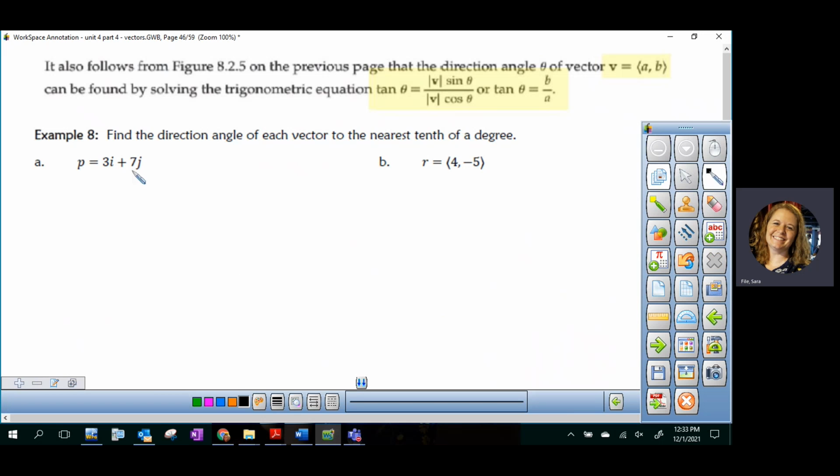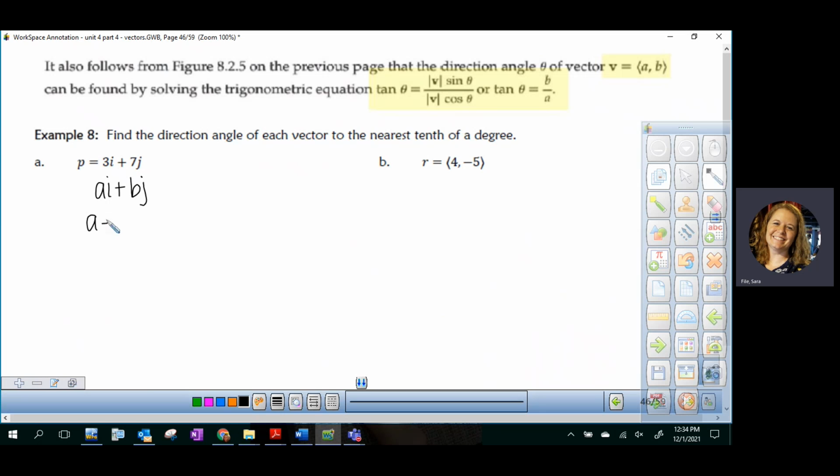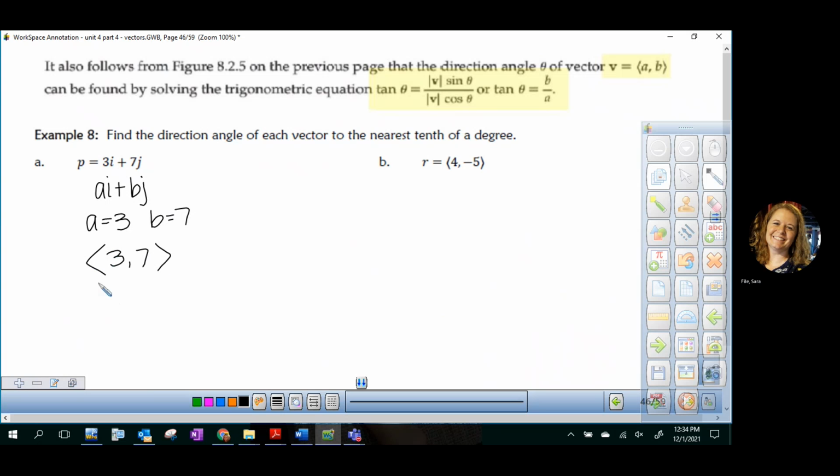If this is the linear combination, remember that's A i plus B j. Aren't they telling us A is 3? And B is 7? That's what they're telling us. The component form would be 3, 7. Y'all agree with that? Okay, so I worked backward from the linear combination to component form, and most of you are going to be able to just write that down directly.